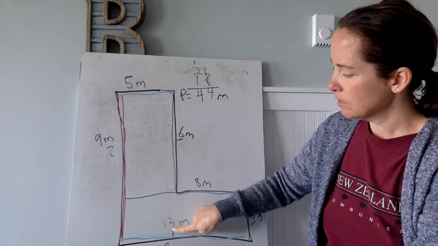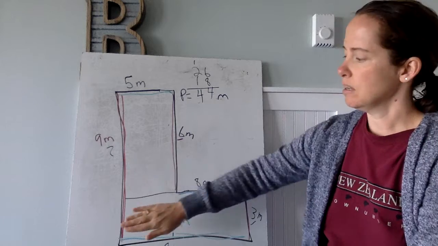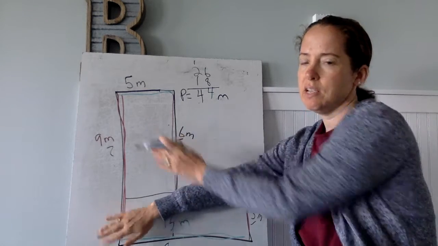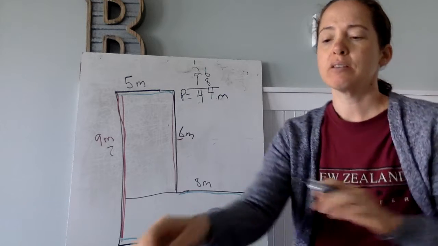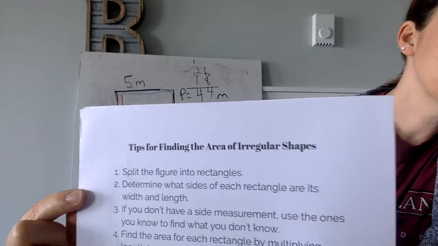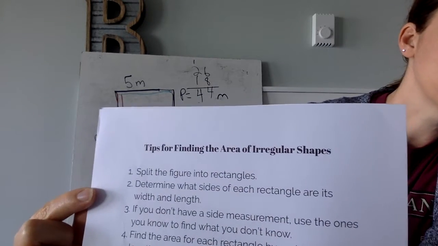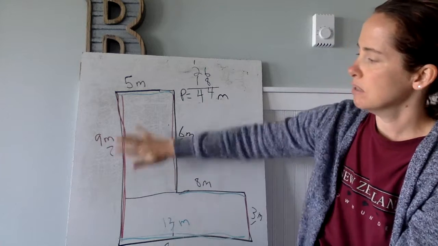So I'm going to erase this one and I'm going to create two rectangles. I have this rectangle. If I covered that, I have this separate rectangle. Okay, so I did that. I need to go to step 2. Determine what sides of each rectangle are its width and length. Okay, so I'm going to go to this rectangle.